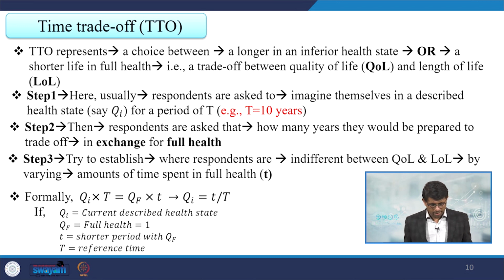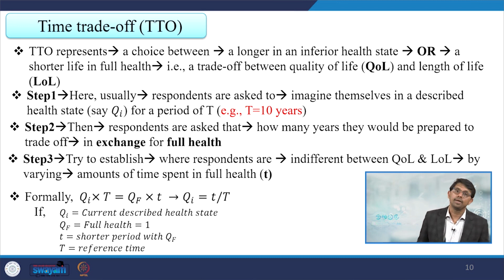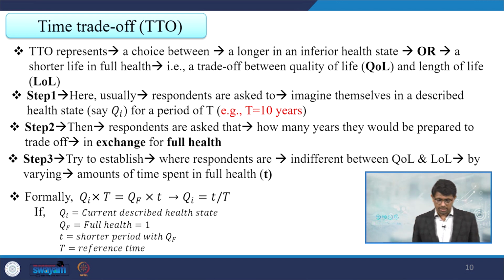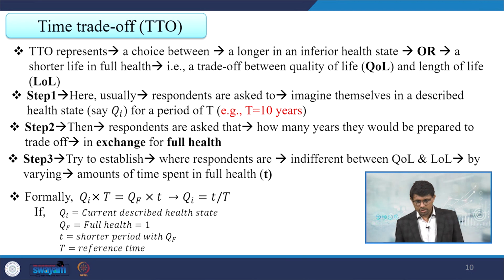So, the amounts of time in full health, the T, that is incurred for the full health. Hence, QI times the total T is equal to QF times t, the amount of time in full health, and QF stands for full health, which is equal to 1.